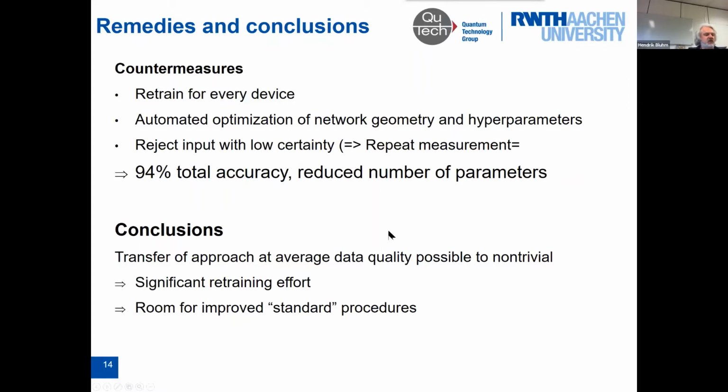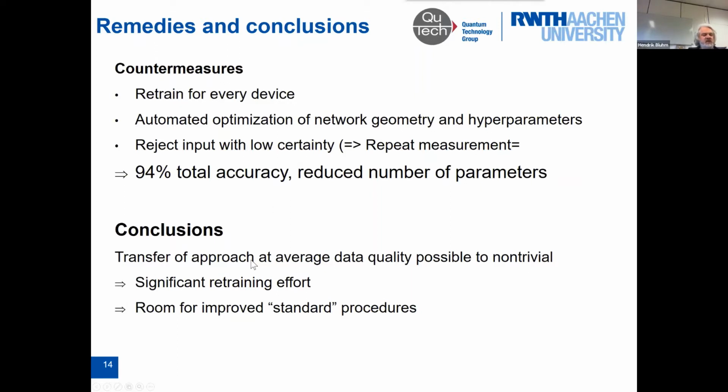And the overall conclusion that we draw from that is that the transfer of one, say, published approach to average data quality is possible, but not trivial. It requires work. Concretely, these were kind of 1.5 bachelor theses for us.